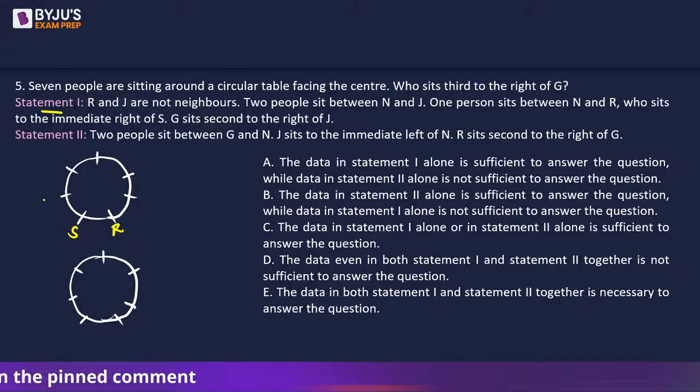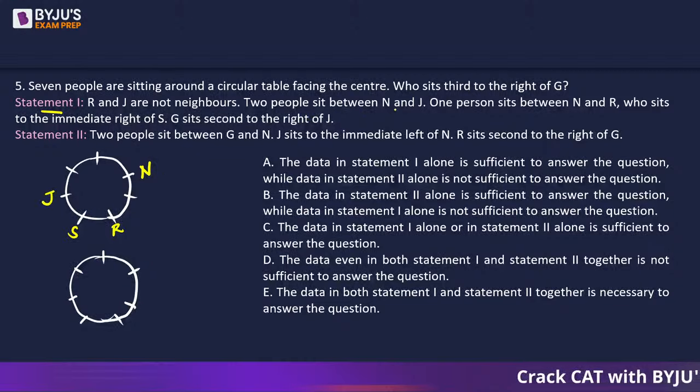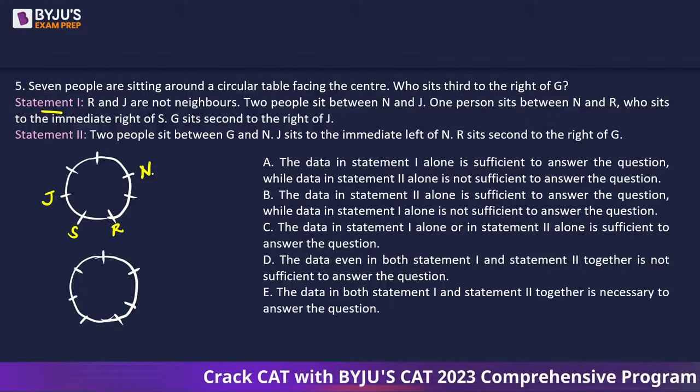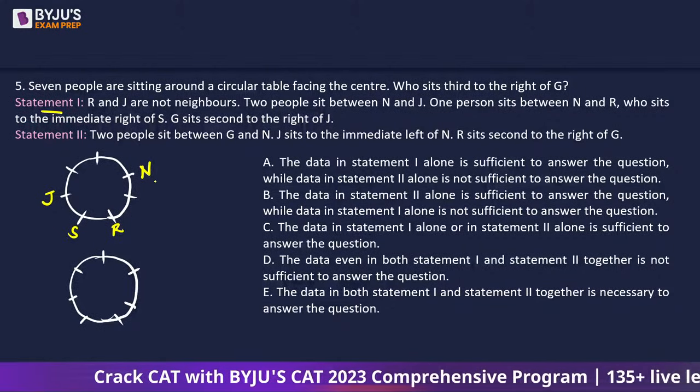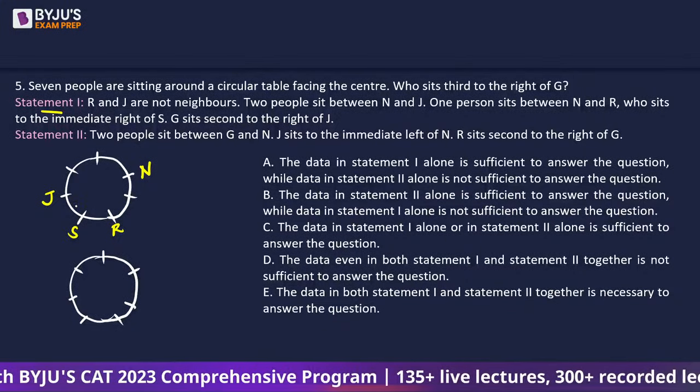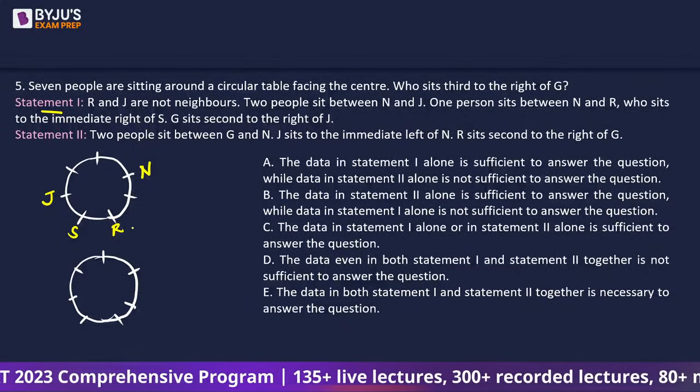So suppose I take N here. So J is going to be here. 2 people sit between N and J. Okay. Then it is given that R and J are not neighbors. This makes sense, right? G sits second to the right of J. Second to the right of J, it's not possible in this case.